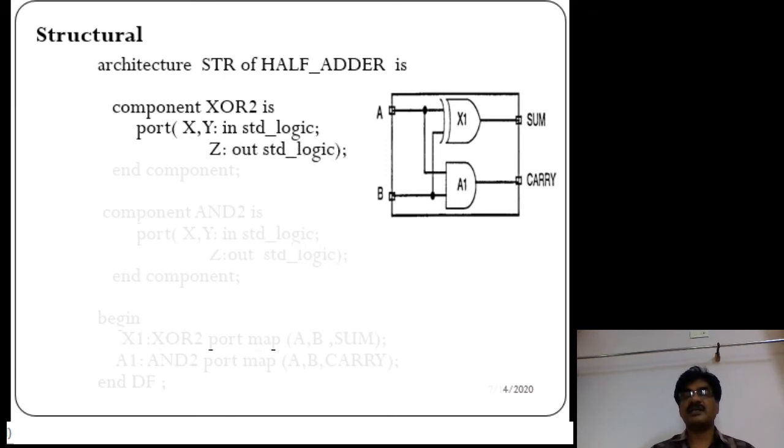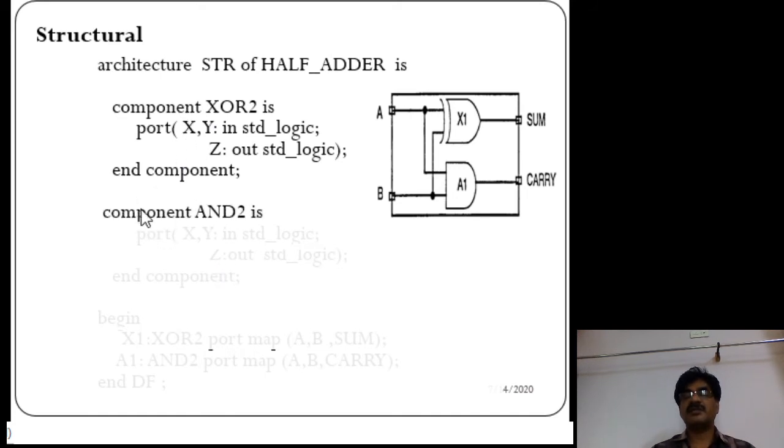The XOR gate has two inputs and one output, Z out, data type is standard logic. Then end this with the word component, end component. Similarly, give the component declaration for the AND gate.